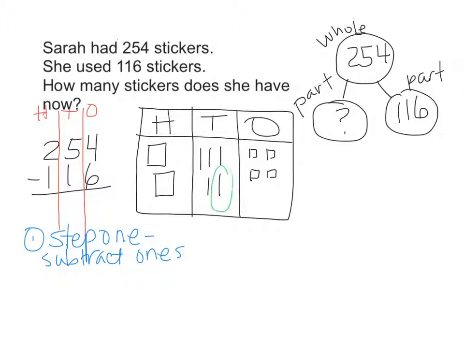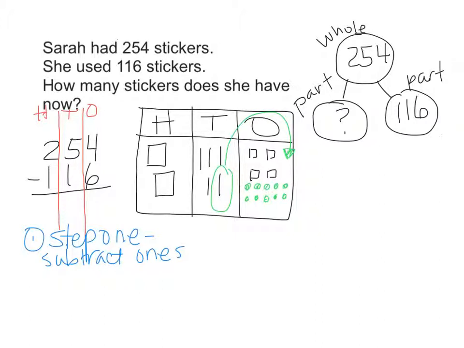So we're going to go over, bring it over. Now, can I draw a 10 here? No, we can't draw a 10. We'd have to break it apart and have 1, 2, 3, 4, 5, 6, 7, 8, 9, 10. 5 and 5 more gives us those 10. And now we have 14 ones.